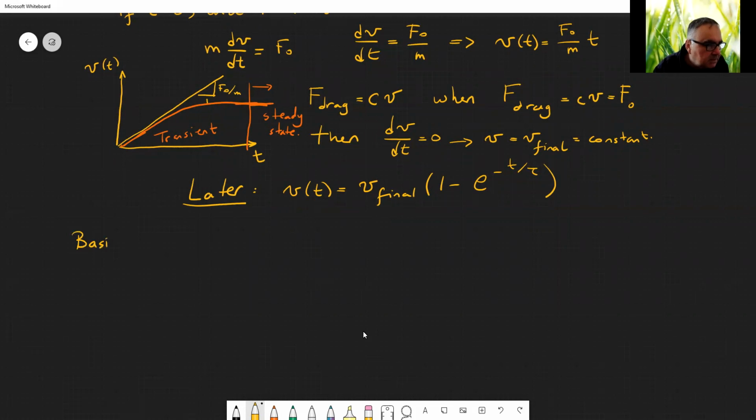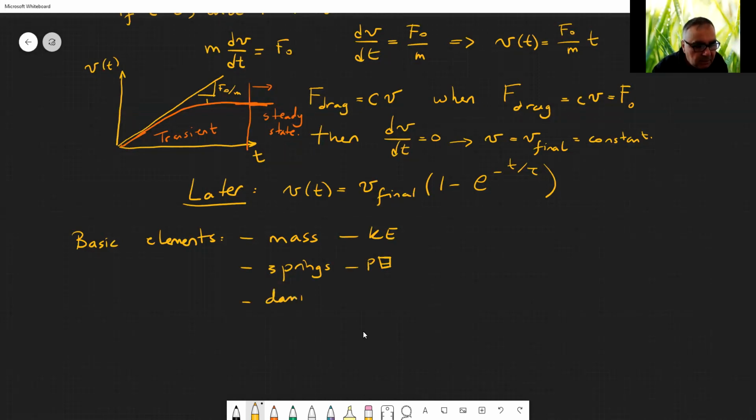So the basic elements are, basically, mass, which stores kinetic energy, springs, which store potential energy, and dampers, which dissipate energy, kind of, okay?